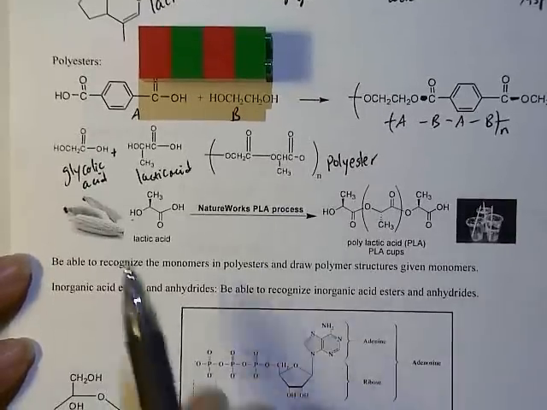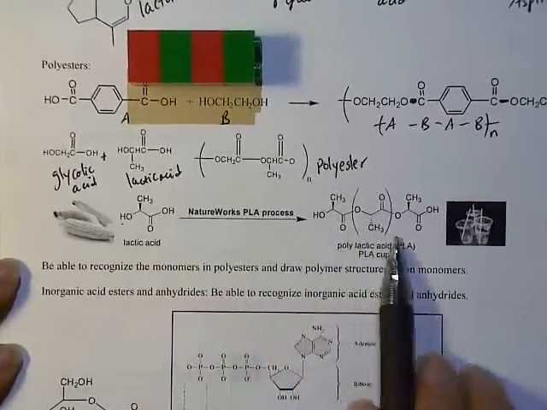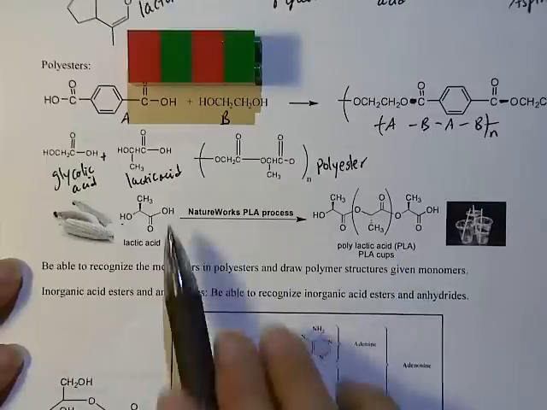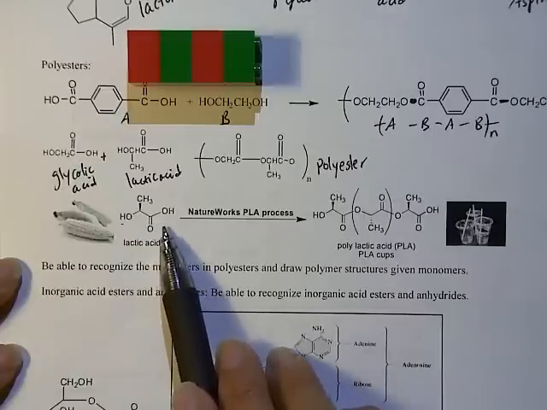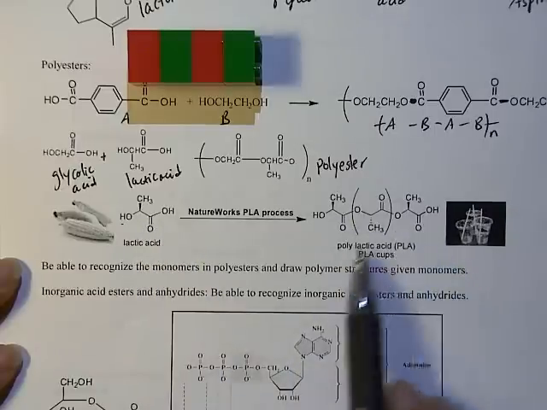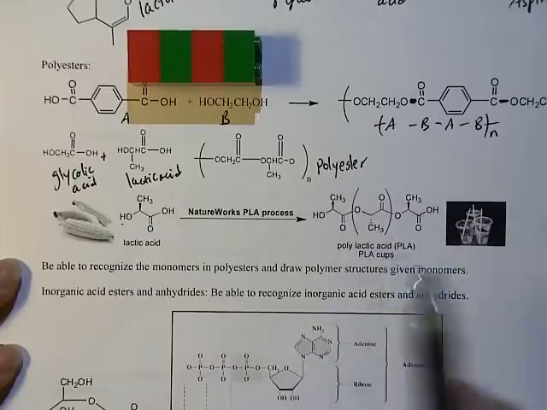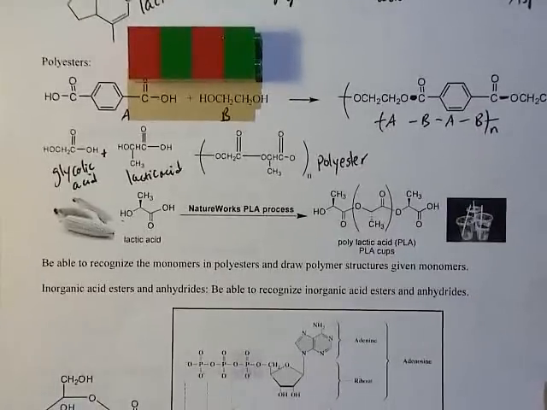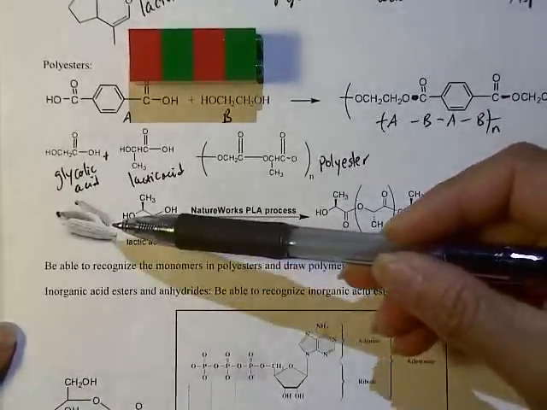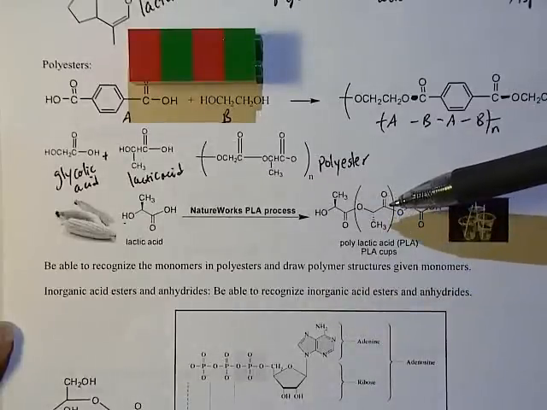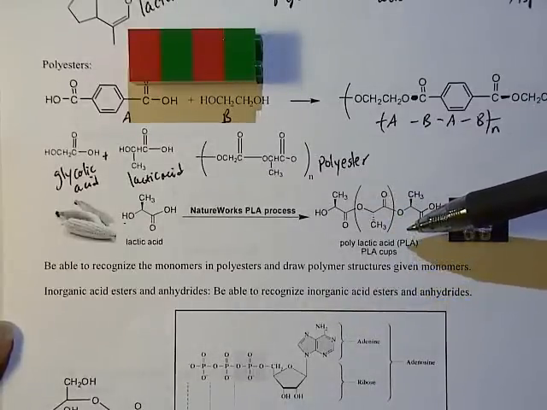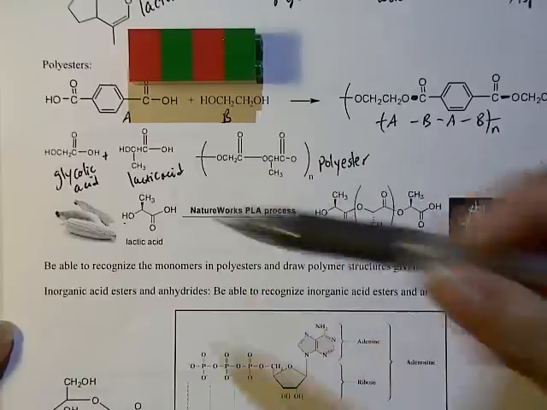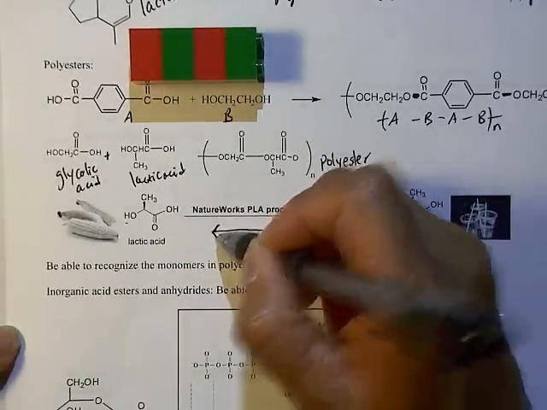The reason why I put this polyester is that it's polylactic acid. Lactic acid right here has a carboxylic acid and an OH. So if you make a polymer AA like that, the same unit repeating over and over again, you get a polylactic acid, PLA cups, which is what NatureWorks produces, and that comes from corn. The polylactic acid polymer is great because it depolymerizes readily, and what you get back is lactic acid, which is not harmful to the environment.